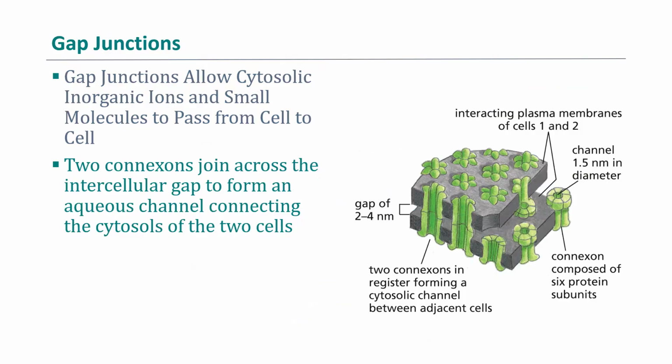Our last one is our gap junctions, and our gap junctions are exactly what they sound like. They are a literal coring out, right, that allows for cytosol, cytoplasm inside of the cell, that liquidy medium, right?